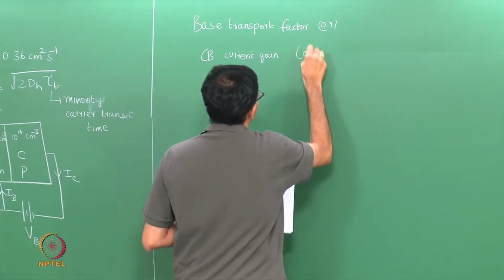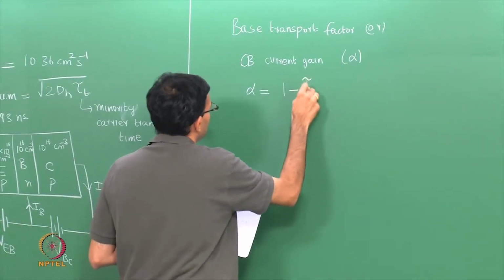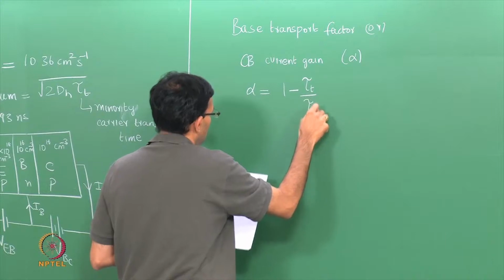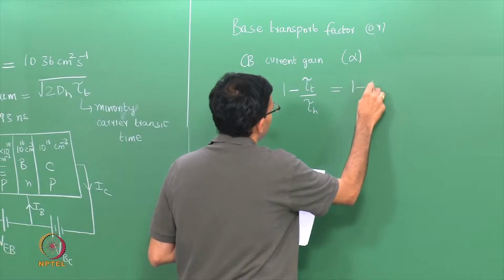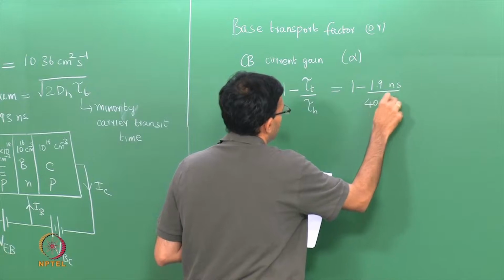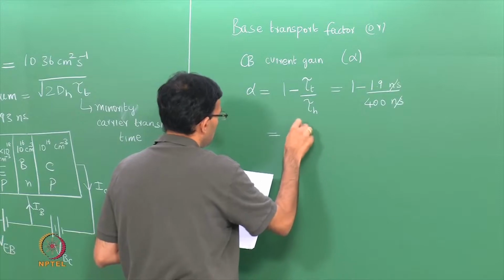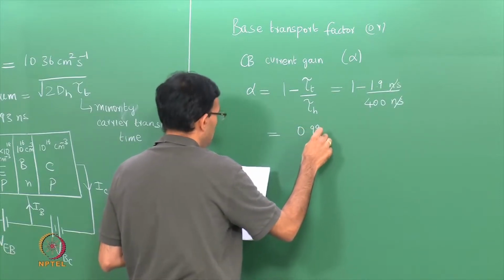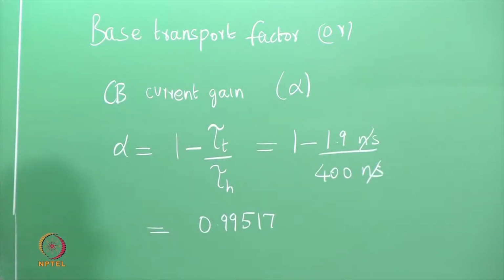This is alpha, and alpha is nothing but 1 minus tau t over tau h. So, all the values are given. Tau t is 1.9 nanoseconds, tau h is 400 nanoseconds. So, that alpha comes out to be 0.99517. So, higher the value of alpha, then greater is the current transfer from the emitter to the collector.